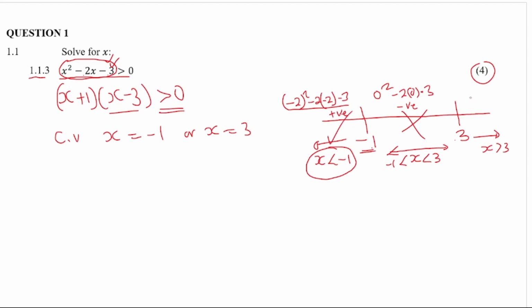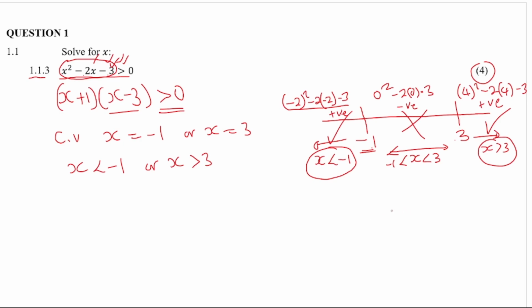Let's check any value that is greater than 3. Let's pick 4. So 4 squared minus 2 times 4 minus 3. You will get a positive answer again. So meaning that greater than 0, meaning greater than 0. So it means when x is greater than 3, then this function will be greater than 0. So we want that. So this is the solution. When x is less than negative 1 or when x is greater than 3.